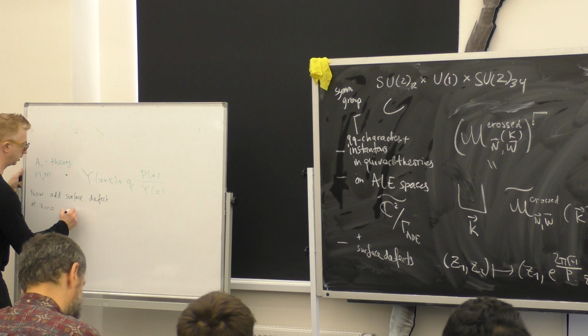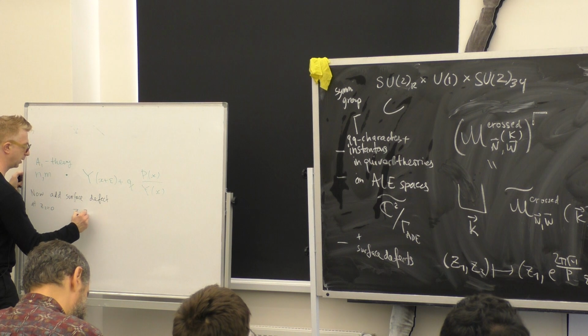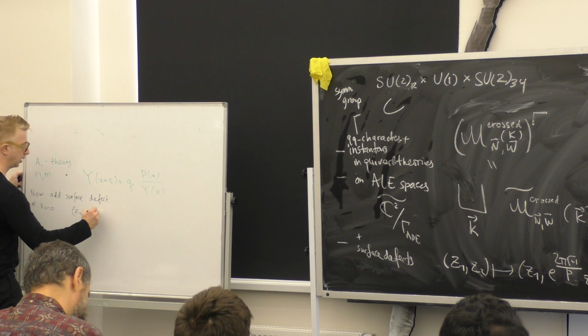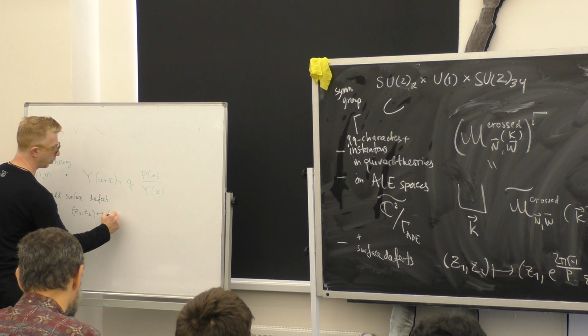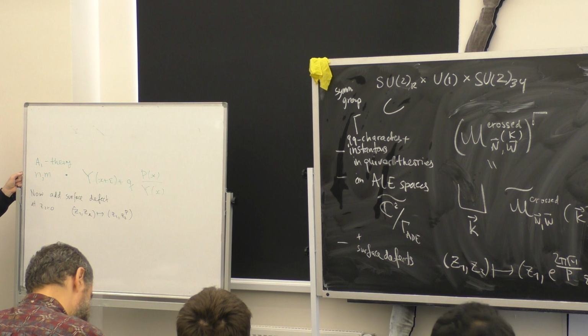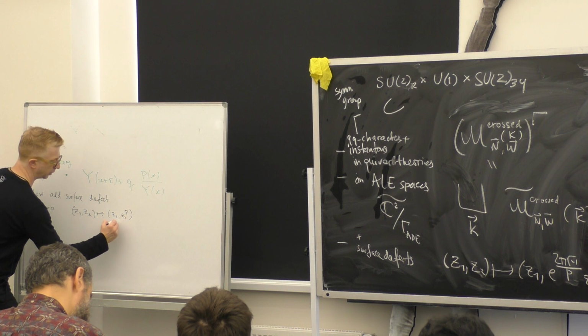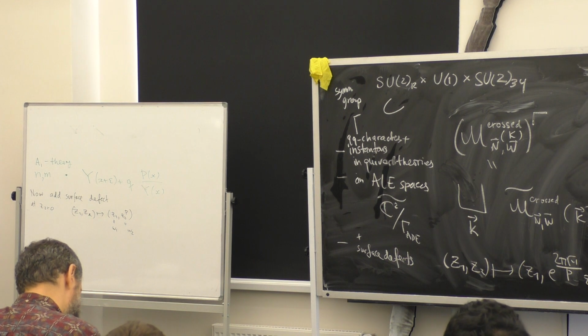We want to go from the space with coordinates z1, z2 to the space with coordinates z1, z2 to some power p. We call these the new good coordinates.